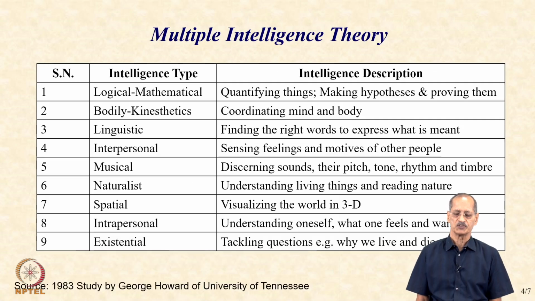So, let me show you this table. It is from a study in 1983 which was carried out by George Howard of the University of Tennessee, and what this study has recorded are the 9 different types of intelligence that have been noted through various researches, studies, investigations, experiments.